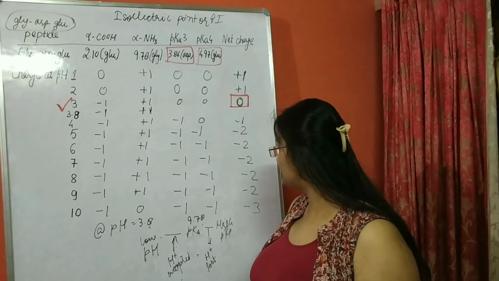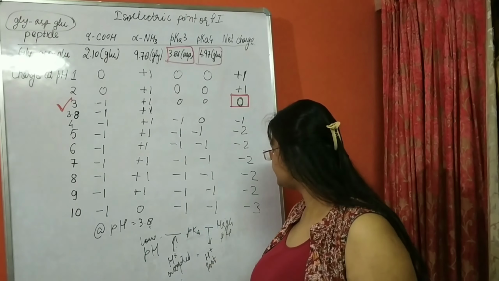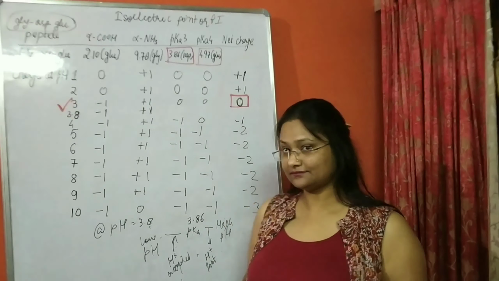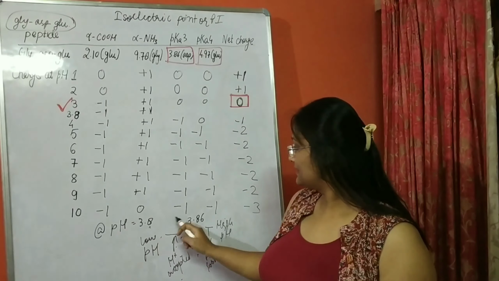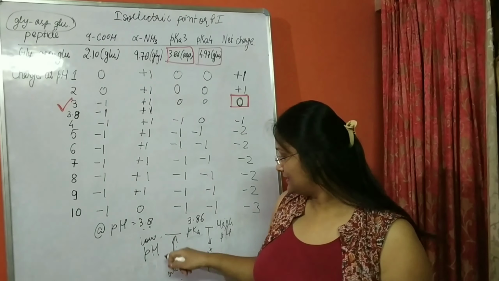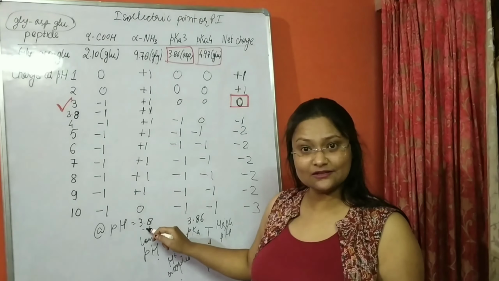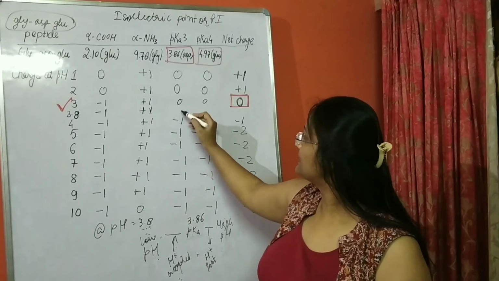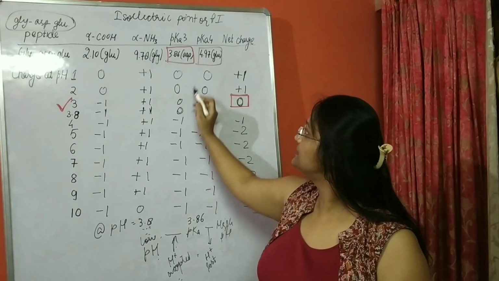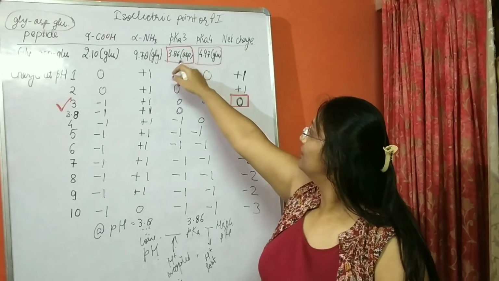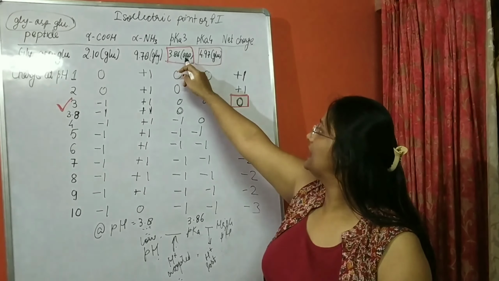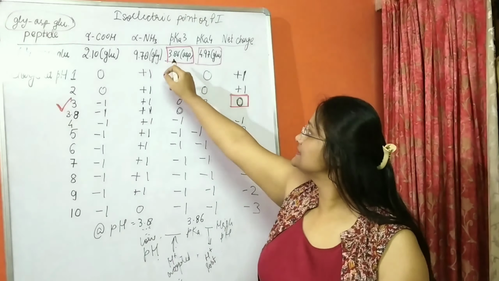Now we will look at 3.86. Again, it is kept at pH 3.8. Still it is lower, and since it is lower, the H plus will remain accepted. So the charge will be 0 for the third ionizable group, the aspartic acid side chain.